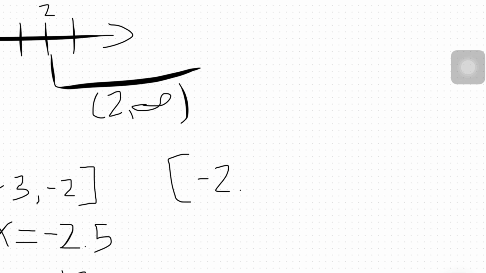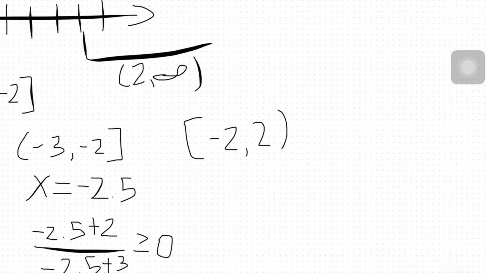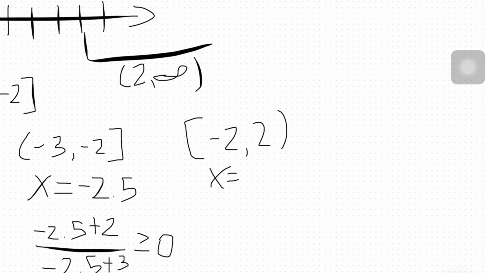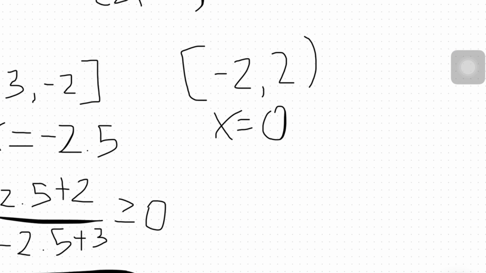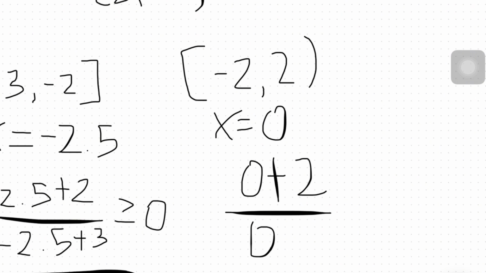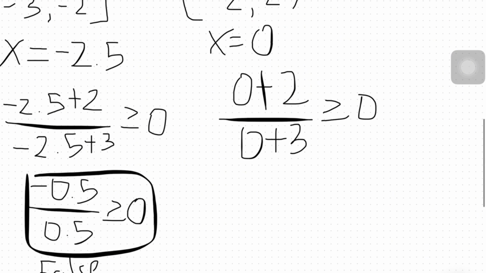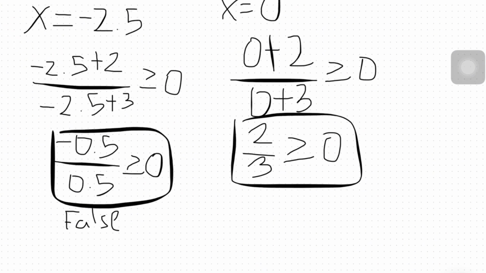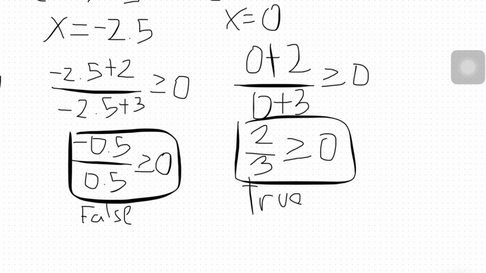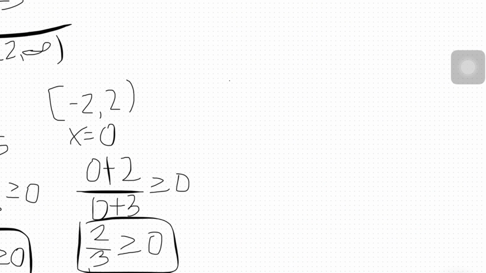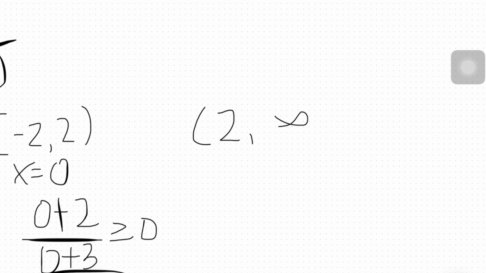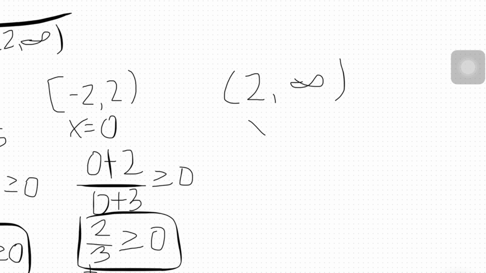For the third interval, I'm gonna choose x equals 0. So 0 plus 2 over 0 plus 3. That makes it 2 over 3. And 2 over 3 is greater than 0, so it's true. Next, for the last interval, I'm gonna choose x equals 3.